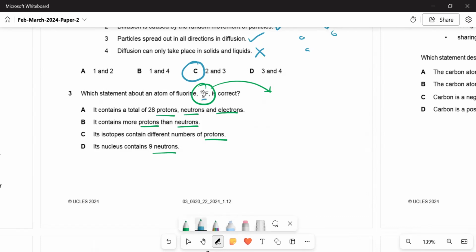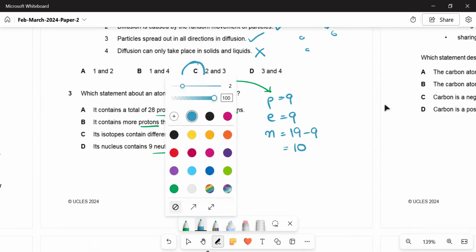The atomic number is 9, so the protons are also 9. The electrons are also 9 because in every neutral atom, the protons and electrons are always equal. For the number of neutrons, we subtract 19 minus 9. It gives us 10. So the neutrons are 10.